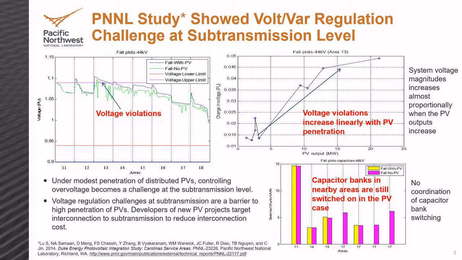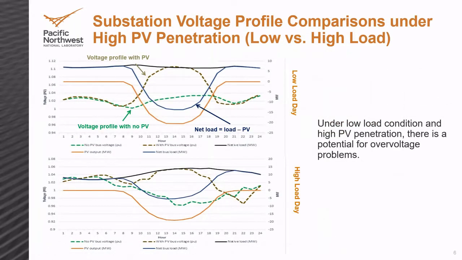Another way to look at this problem: we take one of those substations and look at one full day of simulation, and again look at one case with PV and another case without PV. Let me explain what we see here in this graph. On the upper left side, the orange here is the PV output, and negative means it's moving from distribution back to transmission.